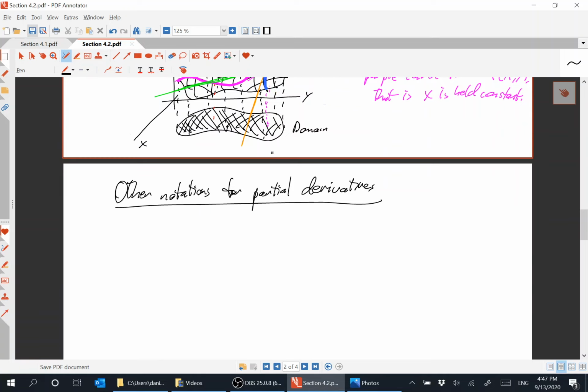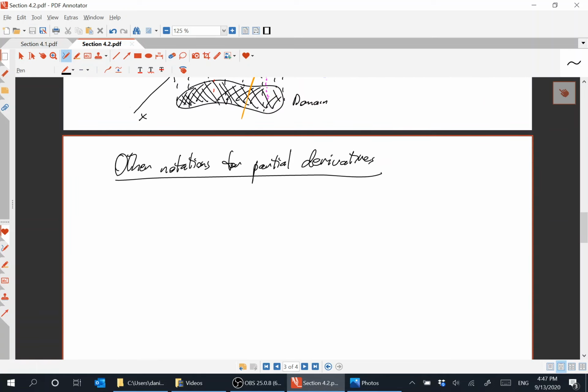Just as, given the function y equals f(x), we write the derivative as f prime of x, or dy/dx.